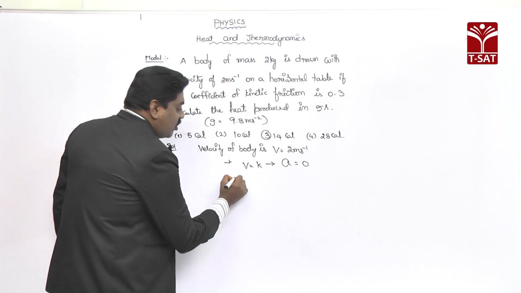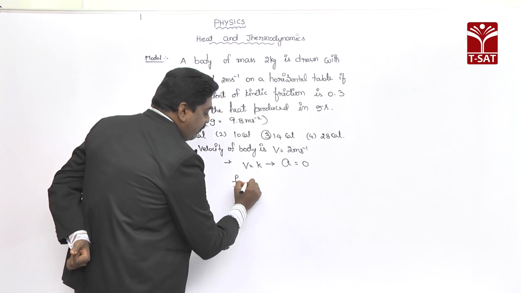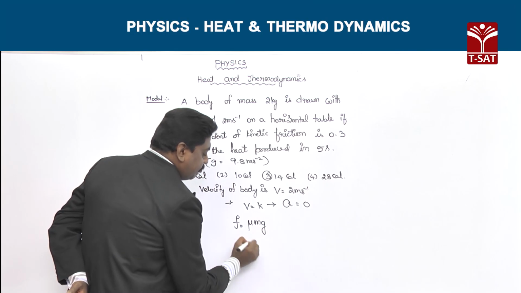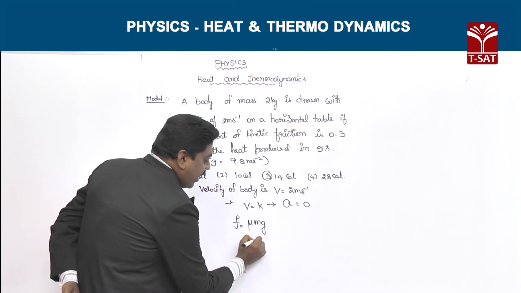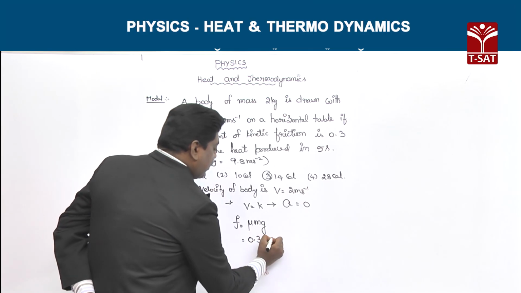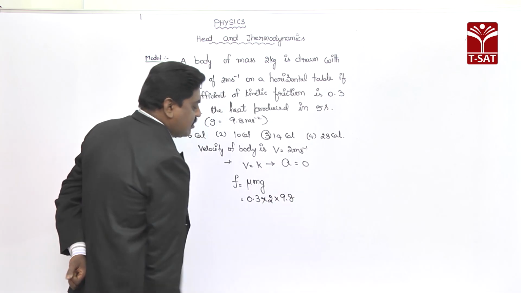The frictional force is given by F is equals to mu mg. The value of mu is given as 0.3, the mass of the body is given as 2 kg, and g is given as 9.8.